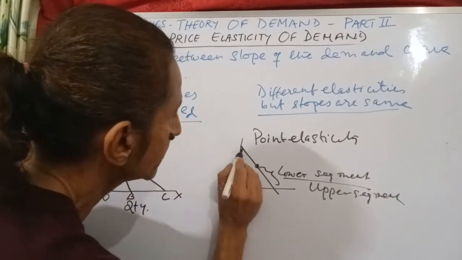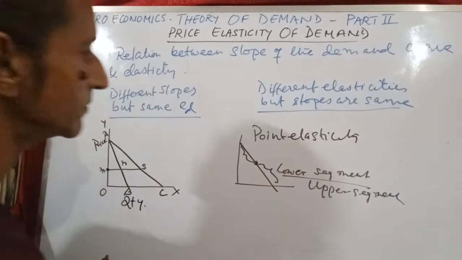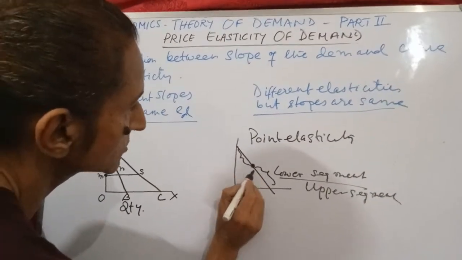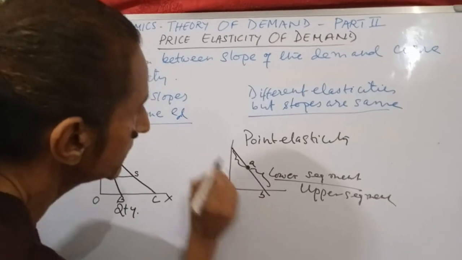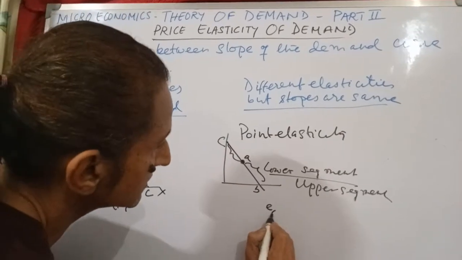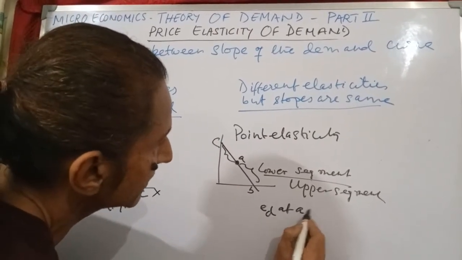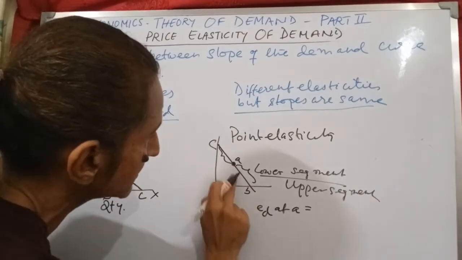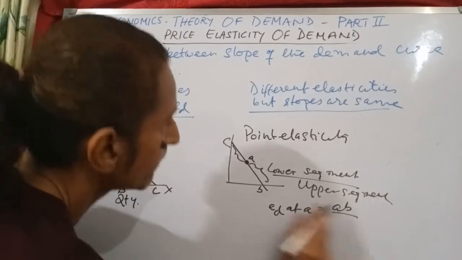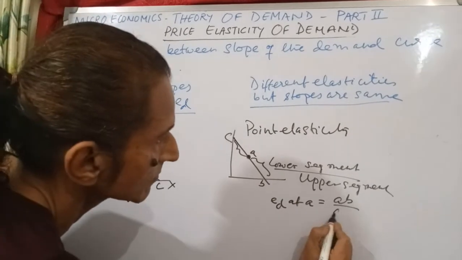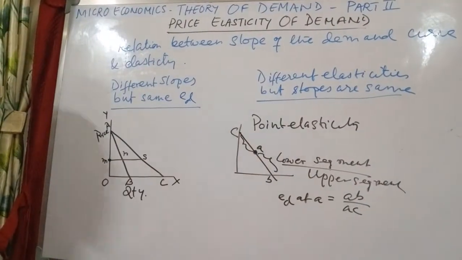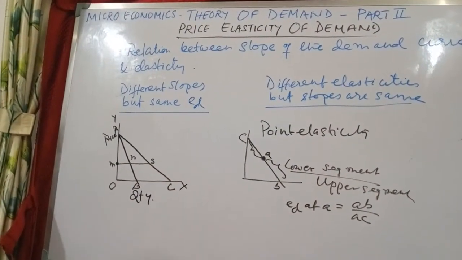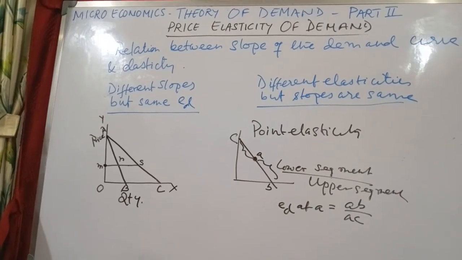This is the lower segment and this is the upper segment. So elasticity at this point, say A, B and this is C. The elasticity at A equals lower segment, that is AB, by upper segment, that is AC. Once again, I would request you to watch that video.